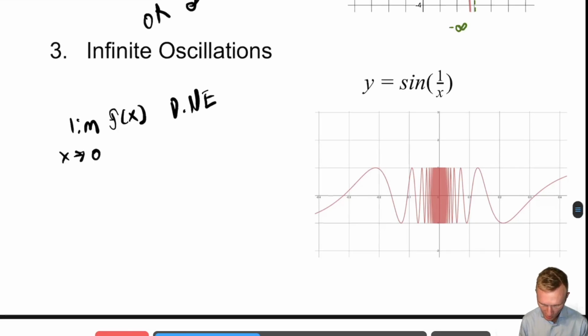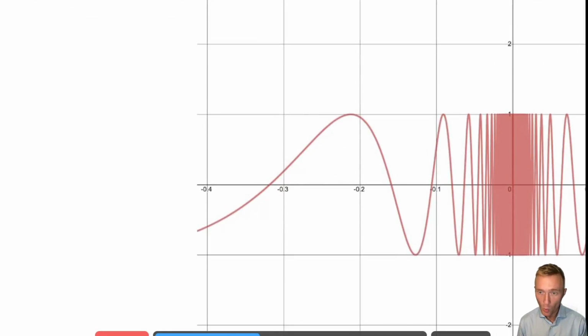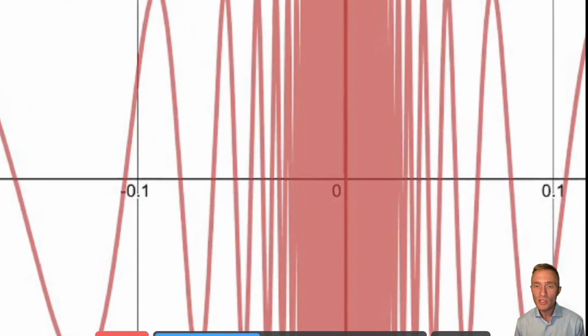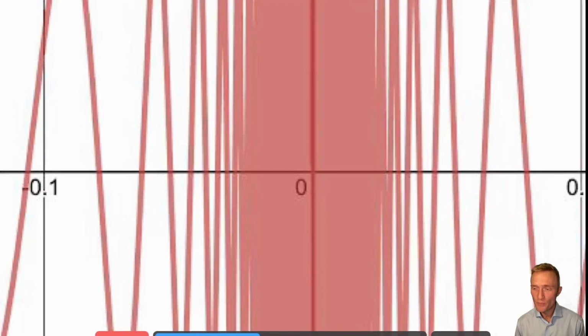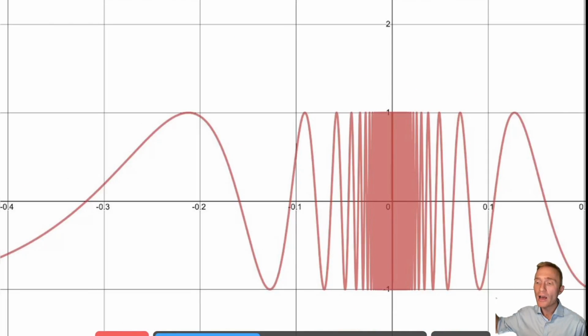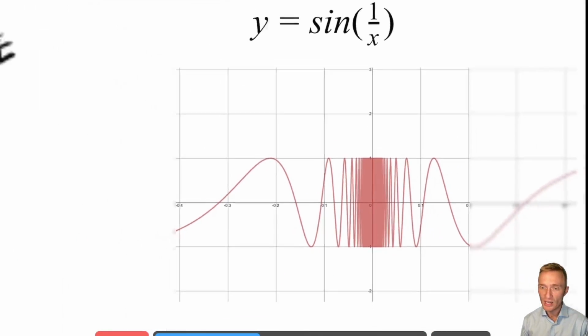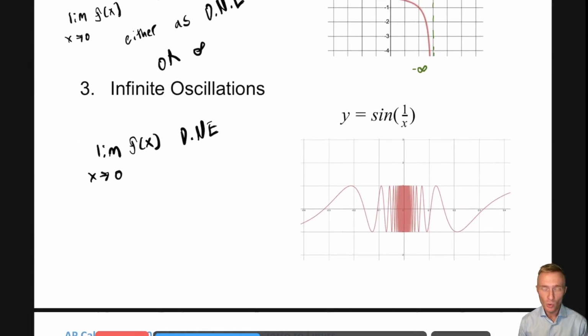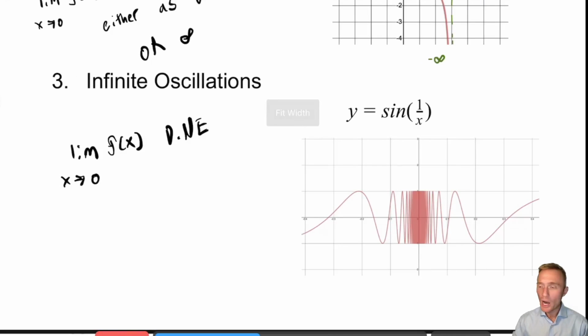Notice this function goes up to 1, then down to -1, then up to 1, then down to -1, then up to 1, then down to -1. If you could keep zooming into this function, it would do that forever. It would keep oscillating on either side of 0, positive and negative. So we would say there that the limit does not exist. It's not heading towards any number because it keeps going up to +1, down to -1, up to +1, down to -1. That we would call infinite oscillations.